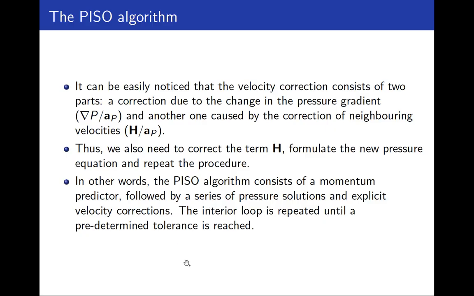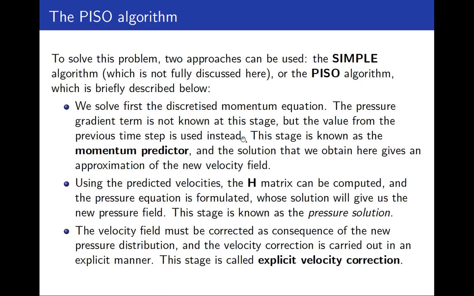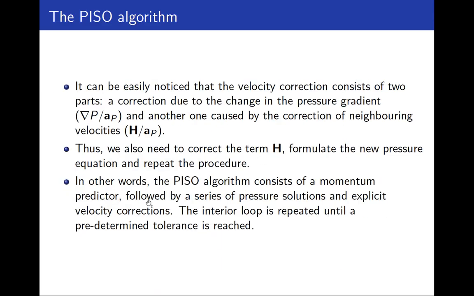In other words, the PISO algorithm consists of a momentum predictor, which is solving the momentum equation once, and then followed by a series of pressure solutions and explicit velocity corrections.